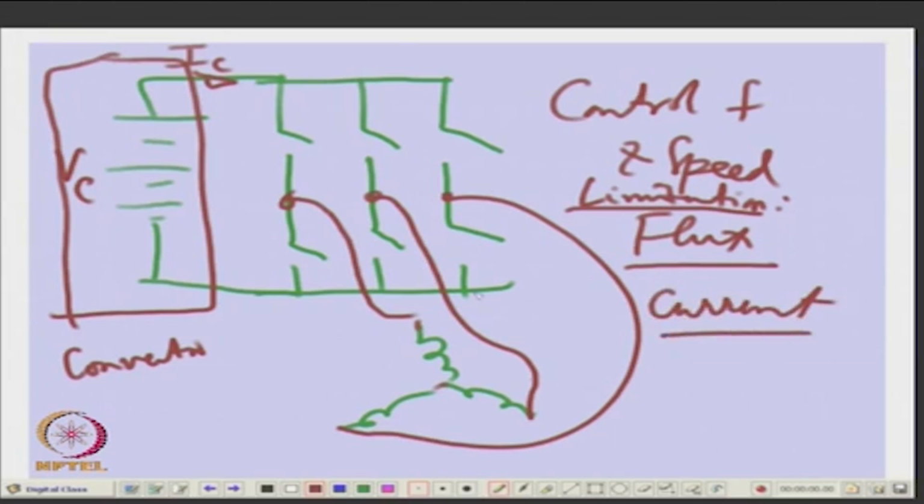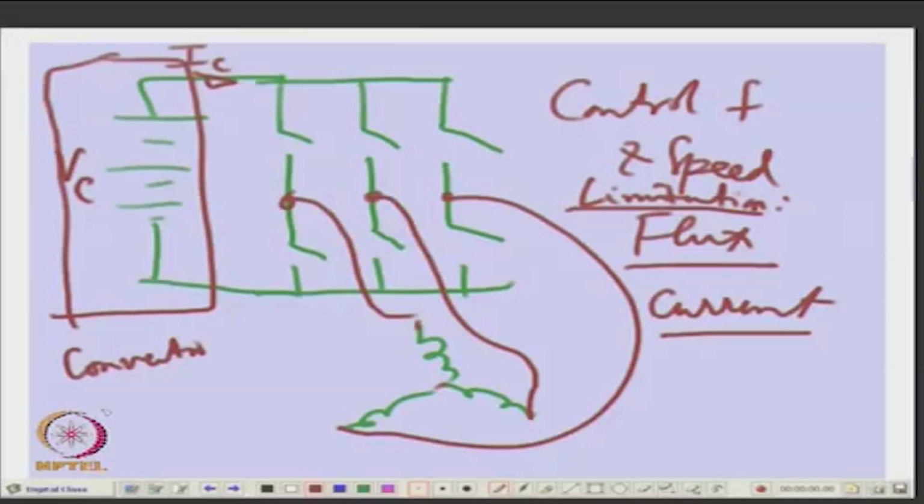Current is the limitation. Current in the windings, and you may also be aware that these devices have certain capacities. You know what capacity of devices you must choose, right?